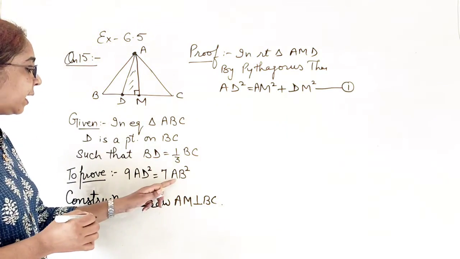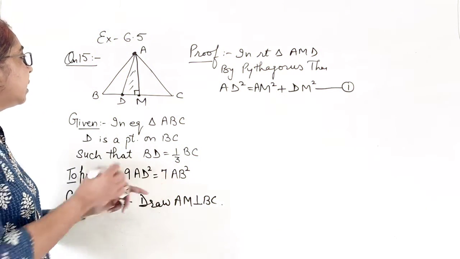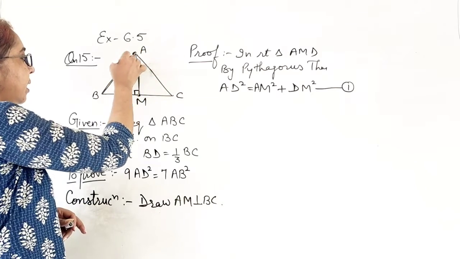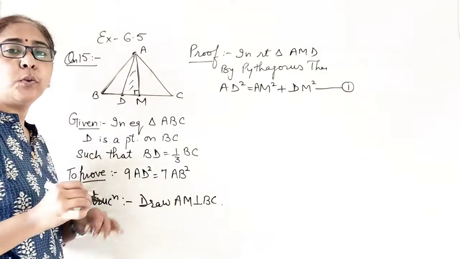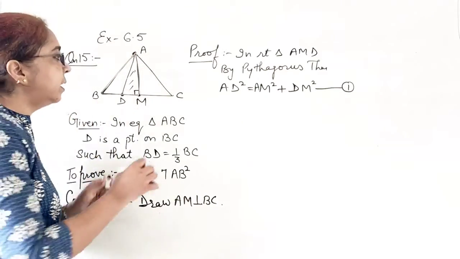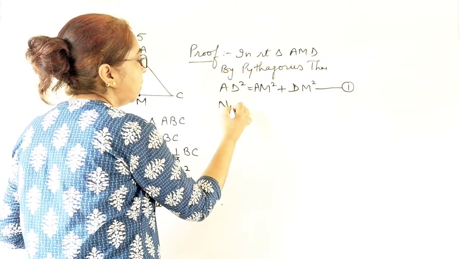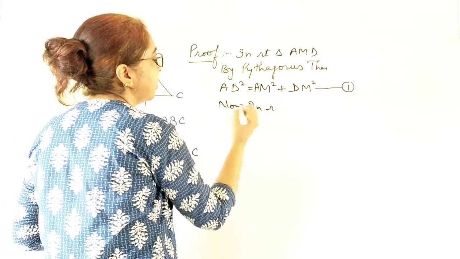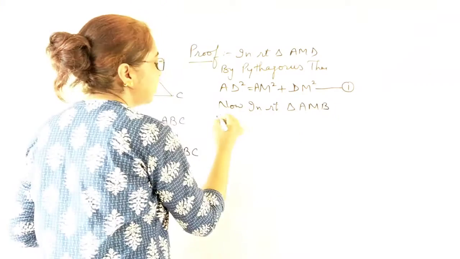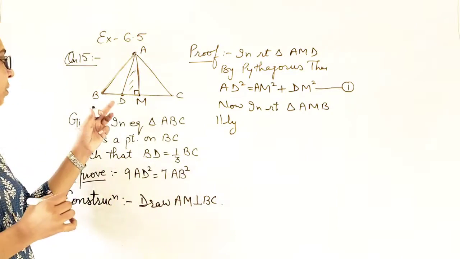Okay, now just look here, AB square, we can get AB in right triangle AMB. So now which triangle we have to take? AMB. So now in right triangle AMB, similarly, we can apply the Pythagoras theorem.